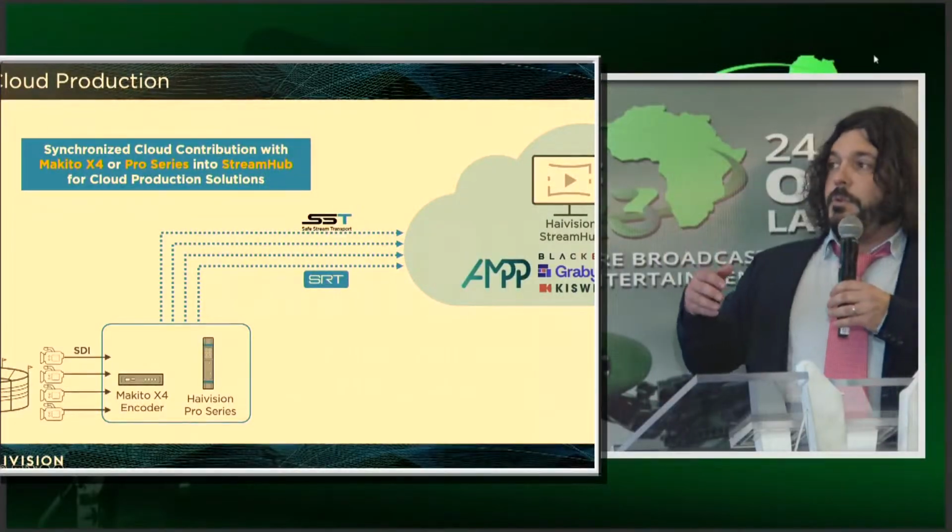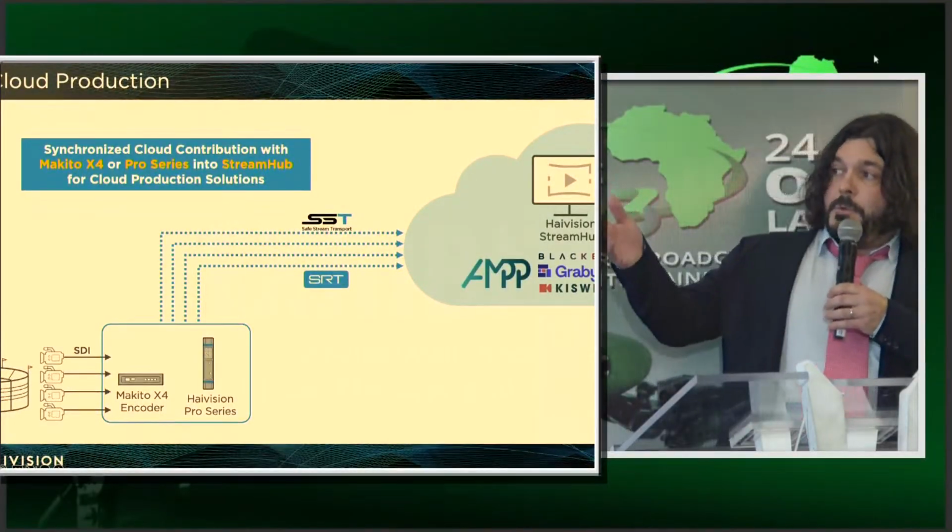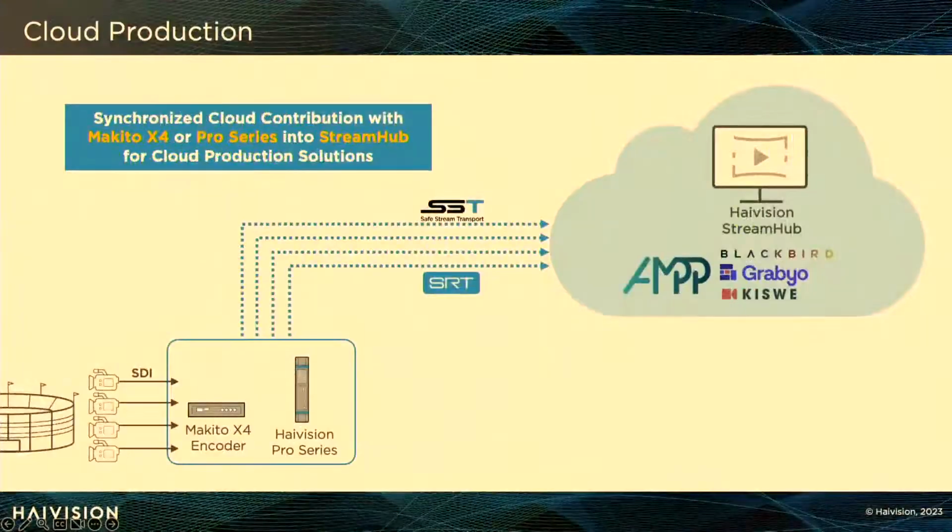So if you are producing in the cloud with no physical studio, using platforms like Grabyo or Blackbird, for example, and accessing them just with a web browser, you can use our product over cellular or landline with SST or SRT protocol to send your live camera feeds into those production platforms in the cloud. And then you can have your whole production team accessing through a web browser and doing the graphics, the production, the switching.